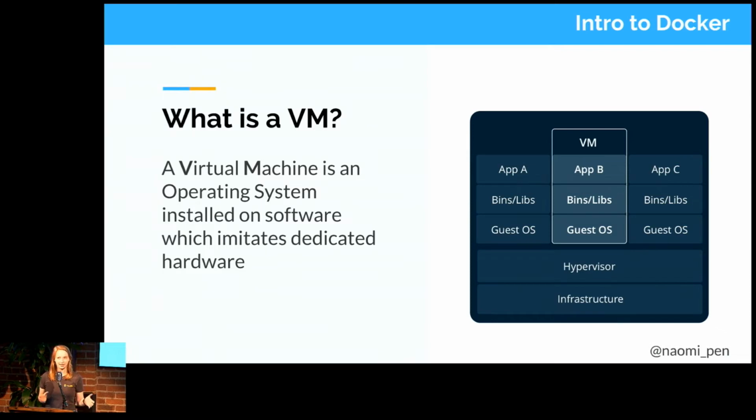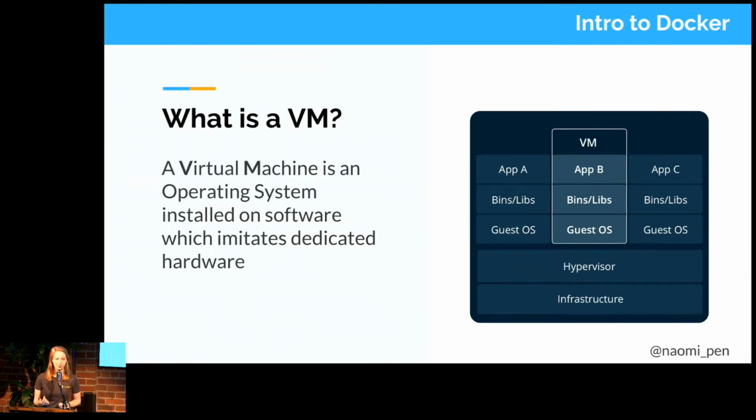If you've got a bigger server, the setup is a bit more like the image you've got here on the right. You've got a big server with infrastructure, and on top of that a hypervisor installed, which allows VMs to access the infrastructure underneath. Then you've got VMs on top of that. Inside a VM, you've got the operating system, which may be Windows Server or Linux or something else.